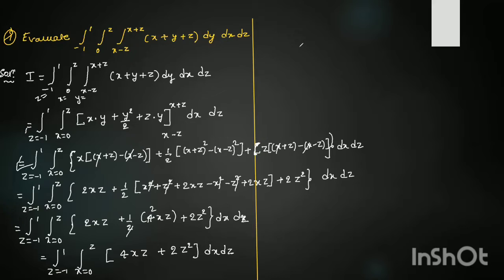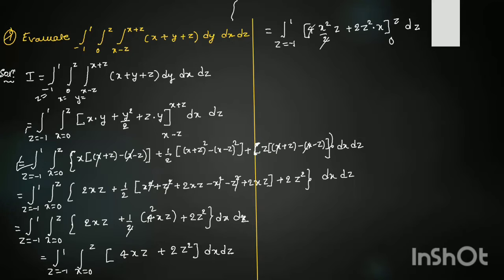So let me simplify that, which is equal to integration of z equal to -1 to 1, 4 x square by 2 z plus 2 z square into x, and the limits are 0 to z. Means in place of x we have to substitute z.